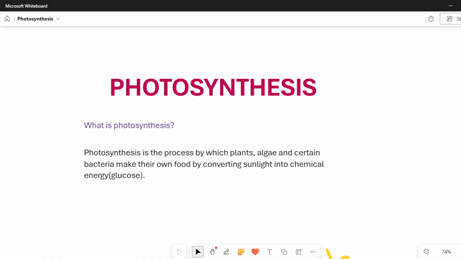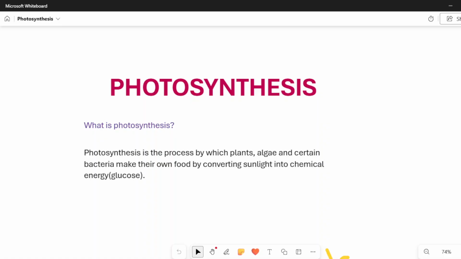So, in today's session, we are going to see this photosynthesis at a microscopic level. You would have learned it at a macroscopic level in your elementary school or your other classes. But today we are going to see this photosynthesis process at a microscopic level, where actually this photosynthesis happens inside the leaf.